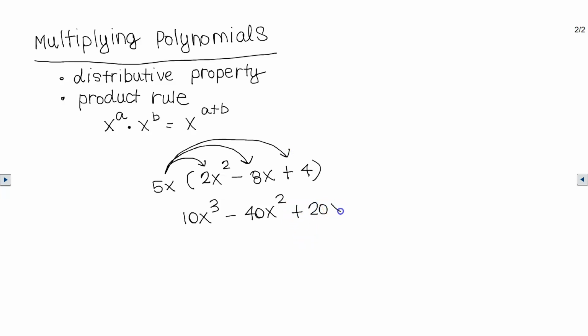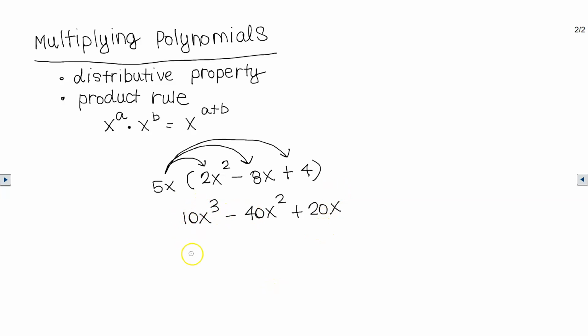And then that will only have an x on it because we had an x here, and then no x's here that are going to add on to that. So 5x times 2x squared gives me 10x to the third. 5x times negative 8x gives me a negative 40x squared. And 5x times a positive 4 gives me a positive 20x.